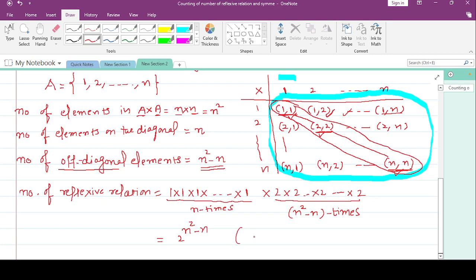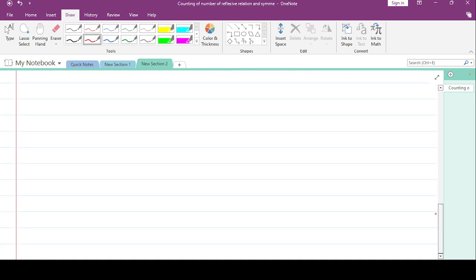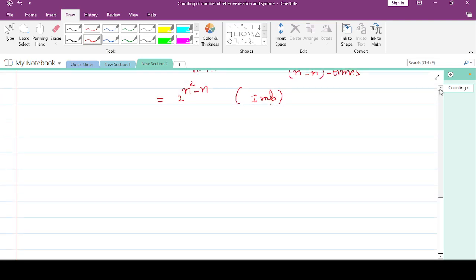So this is a very important result. Using this result we can tell how many reflexive relations there are. The formula is 2 raised to the power n square minus n. Now we solve one question based on this.